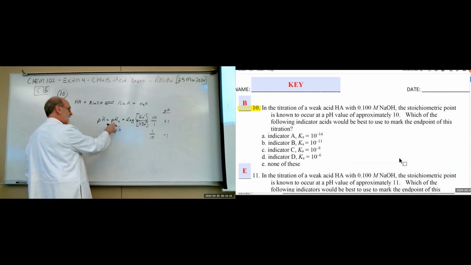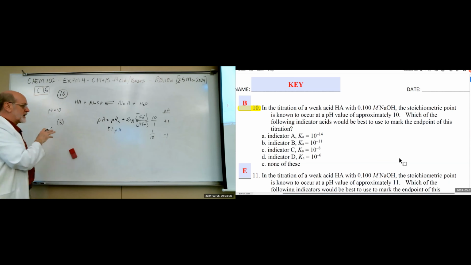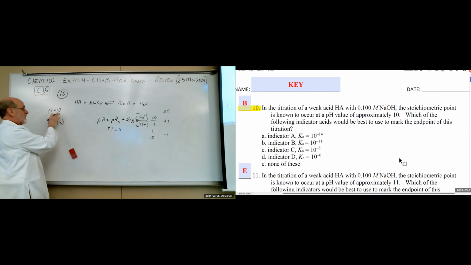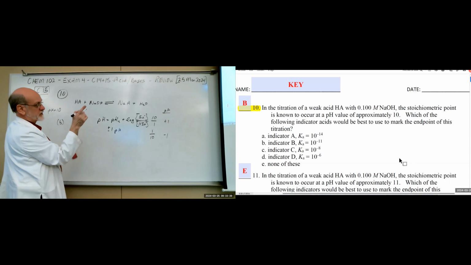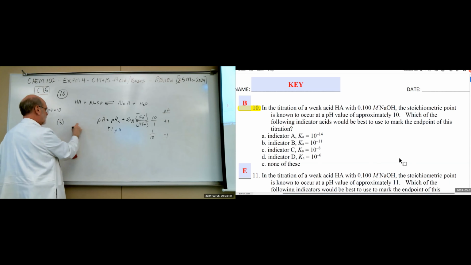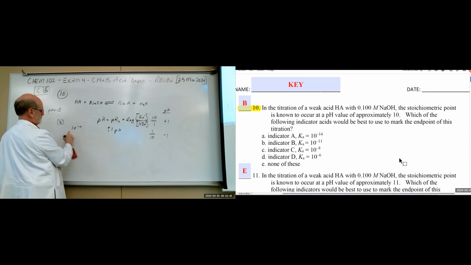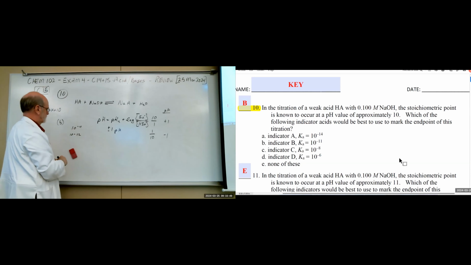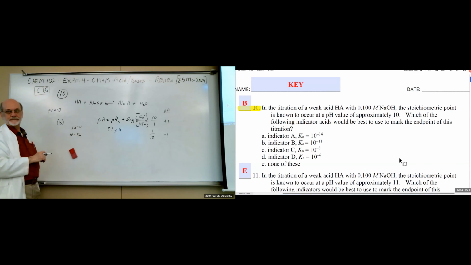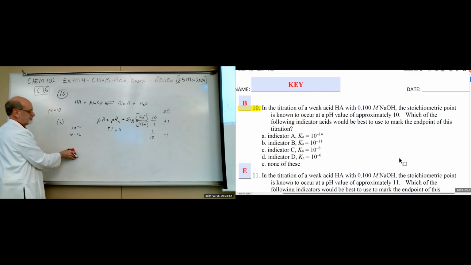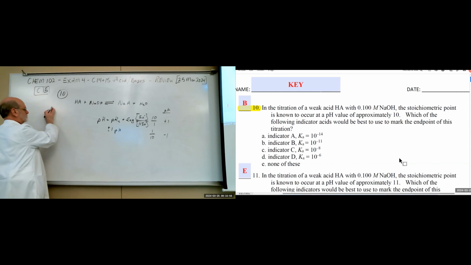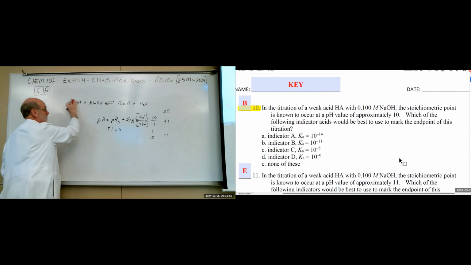So if we know the Ka, we know where the color change is going to occur for this one. We know the pH change is going to be between 10 and 12. Okay. That's straight out of the lecture and your book.